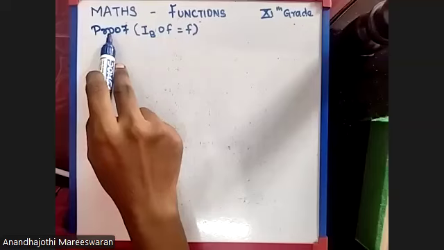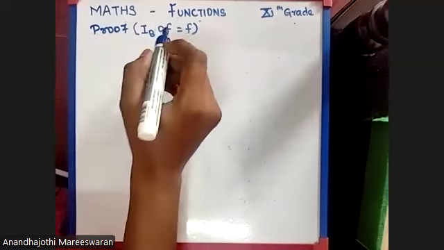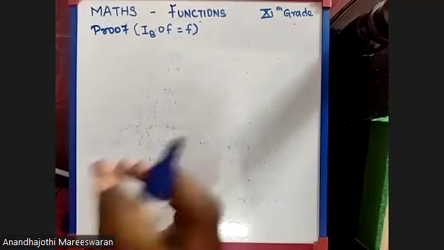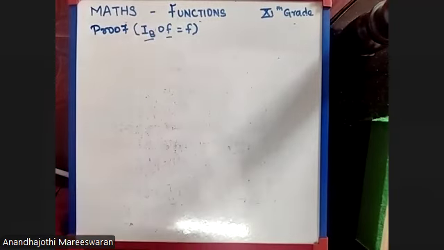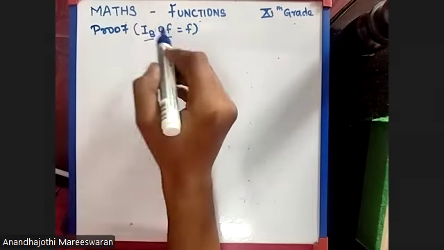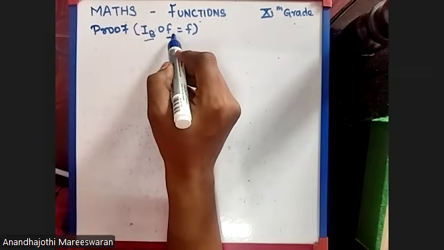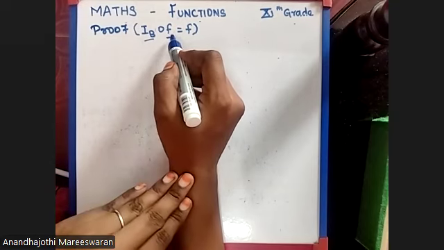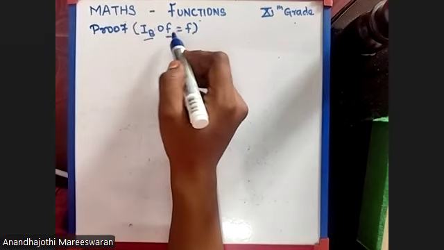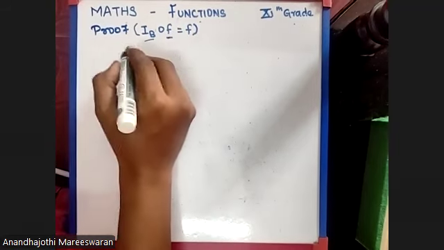So here we are going to prove this. First, which one are we going to explain the domain of, either IB or F? We have to start with F, because we have to start with the function which is on our right hand side. So F is here.